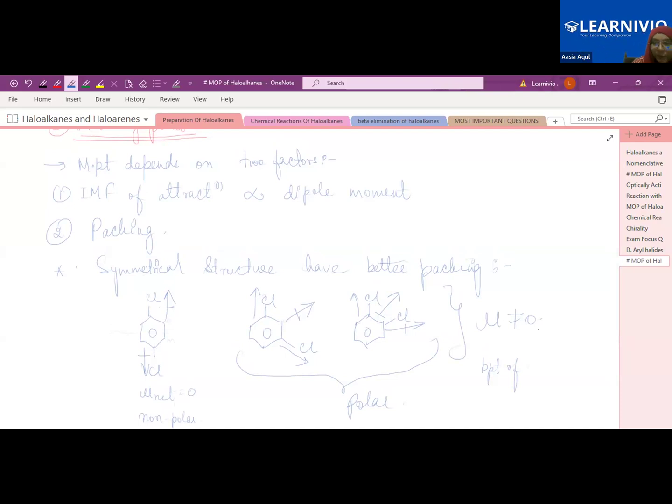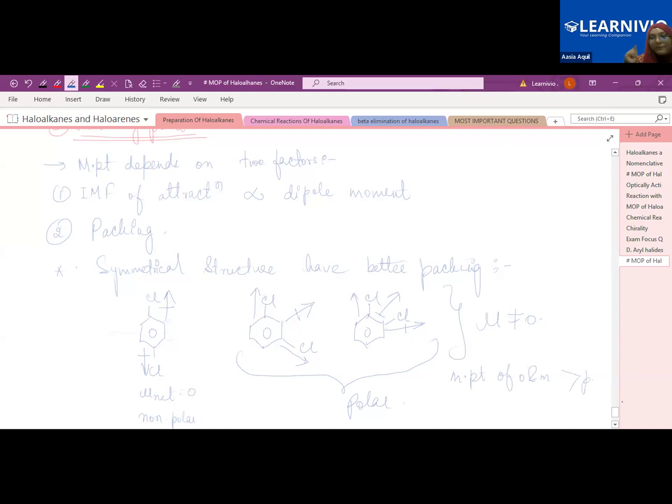So that's why, for melting point or boiling point, you can write both, right? The case of melting point or boiling point is the same. The melting point of ortho and meta compounds is greater than the para one.